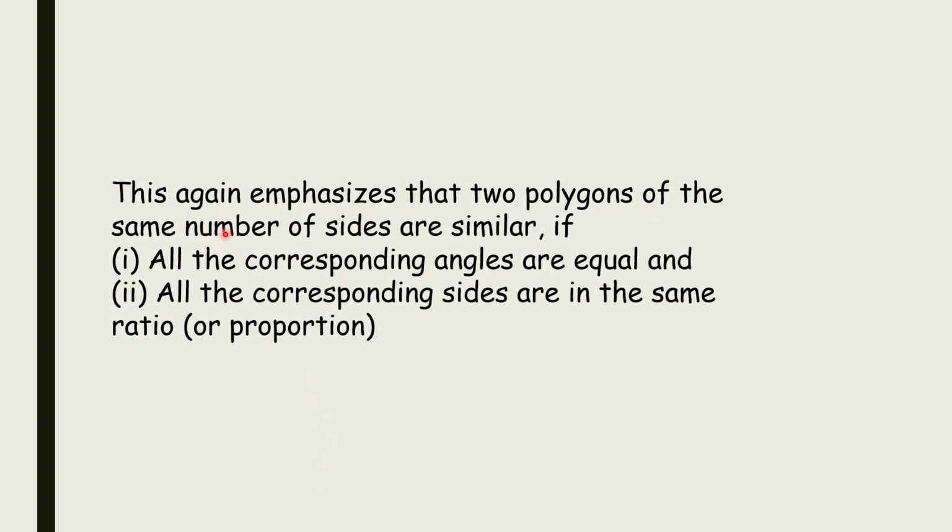So from what we have seen, we conclude that two polygons with the same number of sides are similar if all the corresponding angles are equal and all corresponding sides are in the same proportion. Consider two squares: here a square of side 2, here a square of side 4.